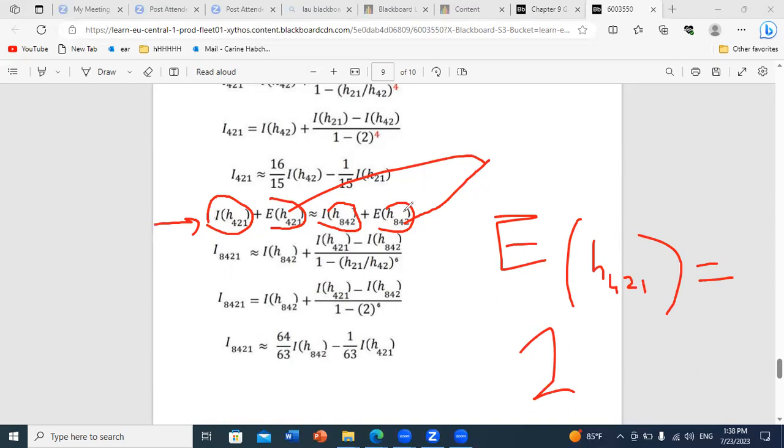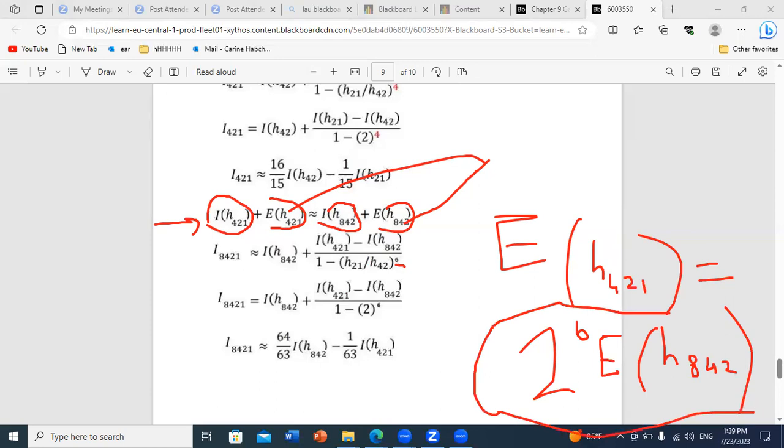I did the Richardson extrapolation a first time and gained 2 orders of accuracy, and another time gained 2 other orders, so now the order is 6. Now all you have to do is replace this term by 2 to the power 6 times error H842, then you can get an estimation of this error.